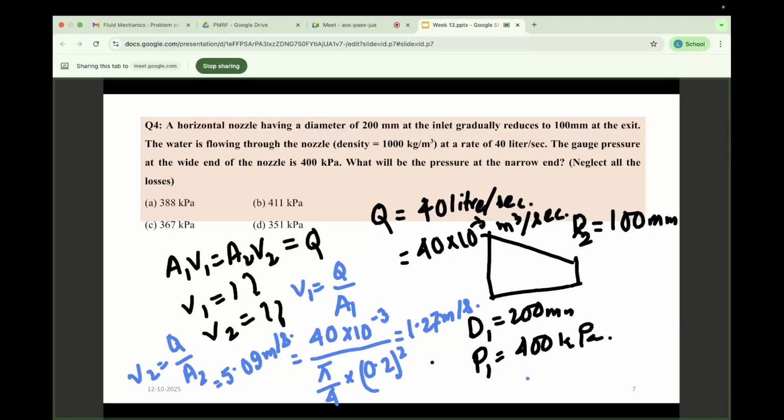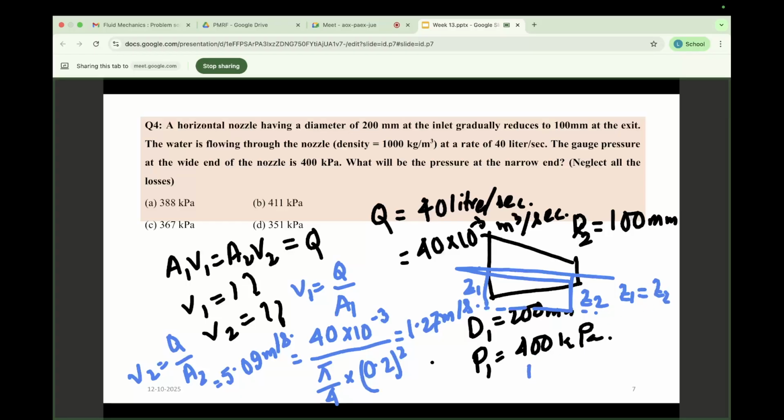So now I have to apply Bernoulli's equation. It is in the same line, so if I consider this ground, Z1 and Z2 both are equal. Z1 equal to Z2.